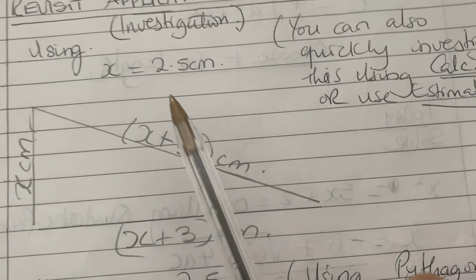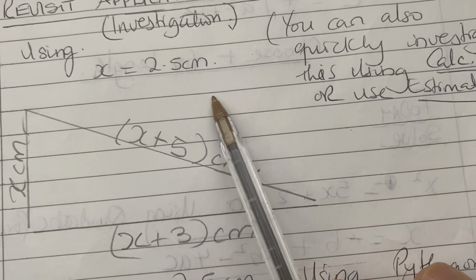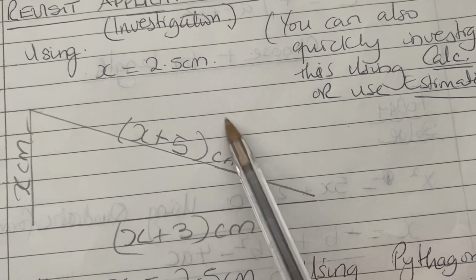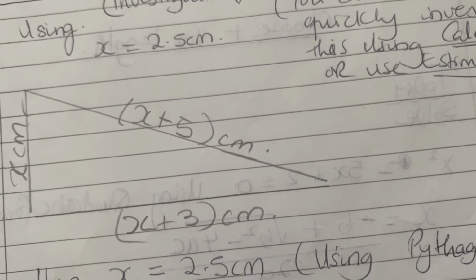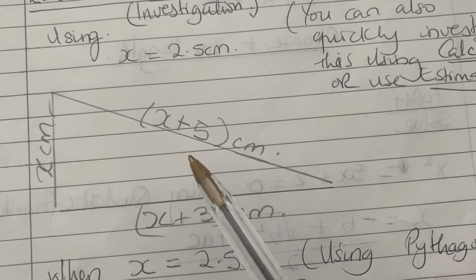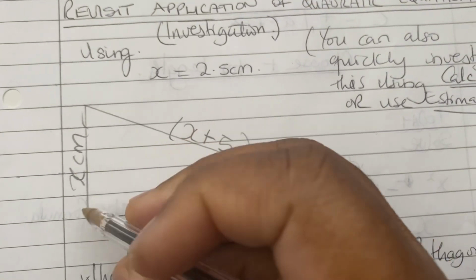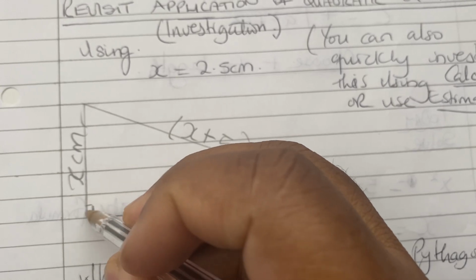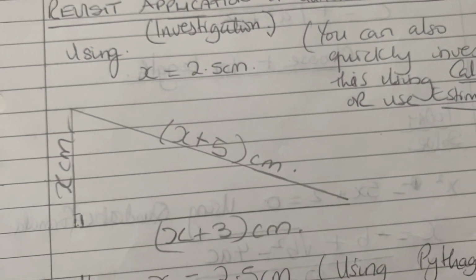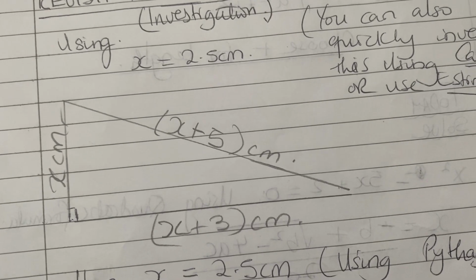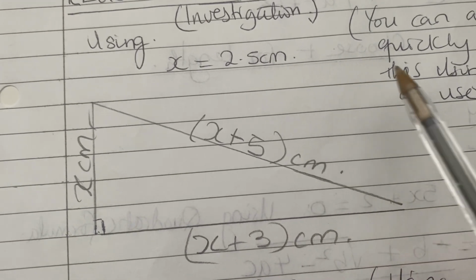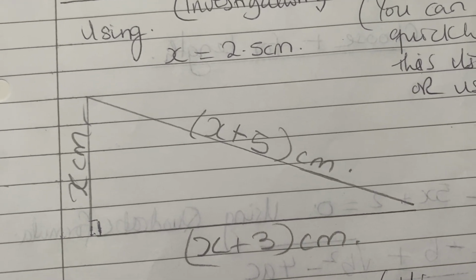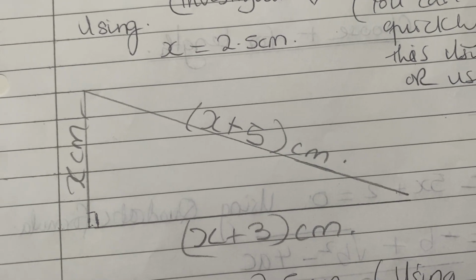X is 2.5 centimeters. Since you use Pythagoras equation and it's a right angle triangle, meaning this side is 90 and it's not to scale. So you had x is 2.5 centimeters, and 6.5, I think.